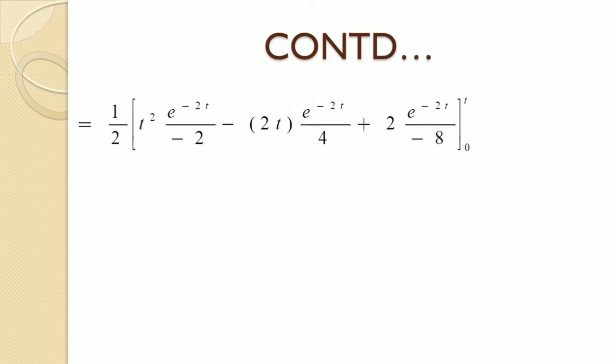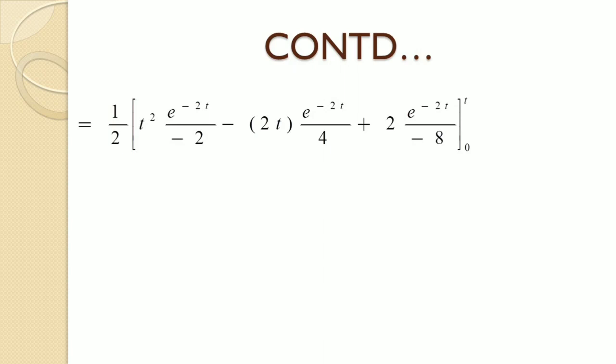Now integrating with respect to t using the Bernoulli's formula, we get 1 by 2 into t squared e power minus 2t by minus 2. Now differentiating t squared, we get 2t, and integrating e power minus 2t by minus 2, we get e power minus 2t by 4.